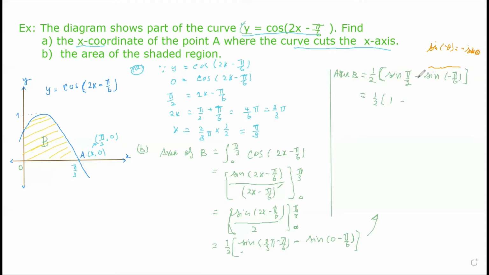So this minus becomes plus sine pi over 6. So 1 over 2, and then this one plus sine pi over 6. Sine pi over 6 is 30 degrees, right? So sine 30 degrees is 1 over 2. So we are left with 1.5, correct?